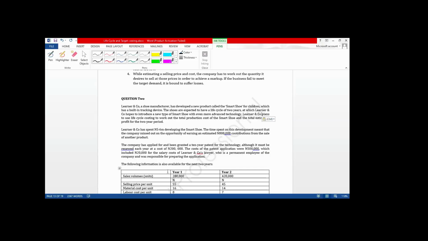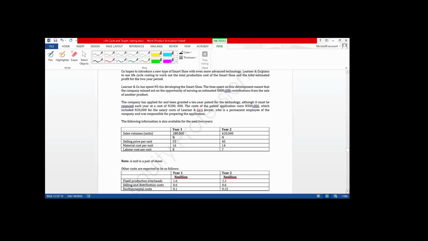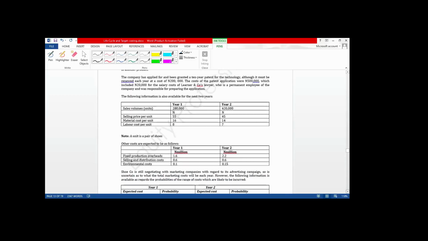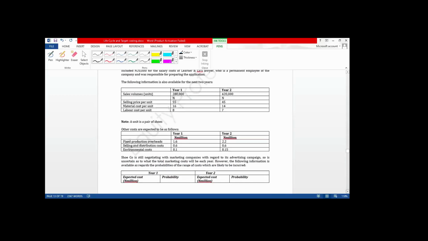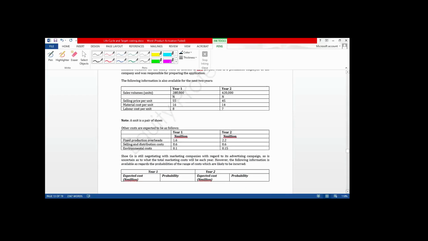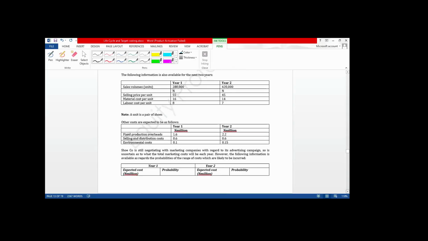The following information is available for the next 2 years. We have the sales volume. We have the selling price. We have the material cost per unit, labor cost per unit. Other costs are expected to be as follows.